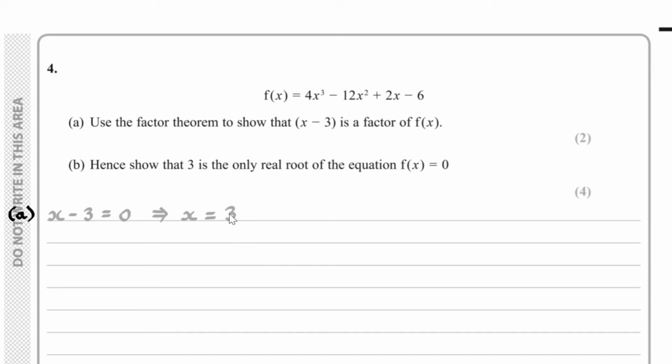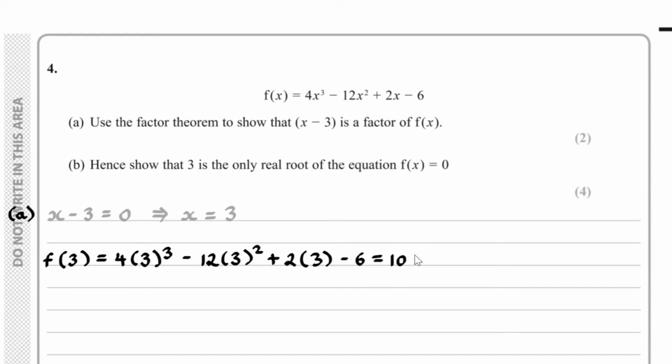And if we substitute x equals 3 into f of x, we can see f of 3 is equal to 4 lots of 3 cubed minus 12 lots of 3 squared plus 2 lots of 3 minus 6. 27 times by 4 is 108.